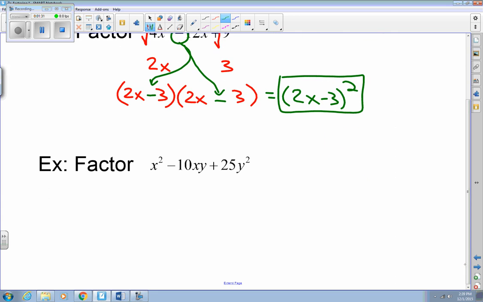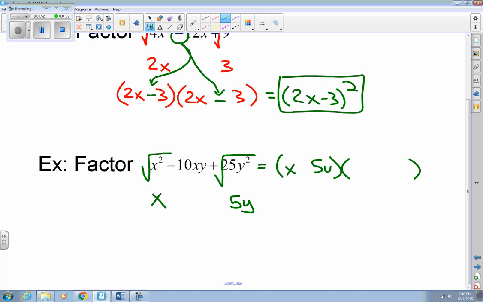We have a perfect square again on the first term. Square root of x squared is x. And even though there's a y in here, we still can do this. Square root of 25y squared is 5y. So then the two factors are x and 5y, x and 5y, and since it is a subtraction in between, it becomes two subtractions.